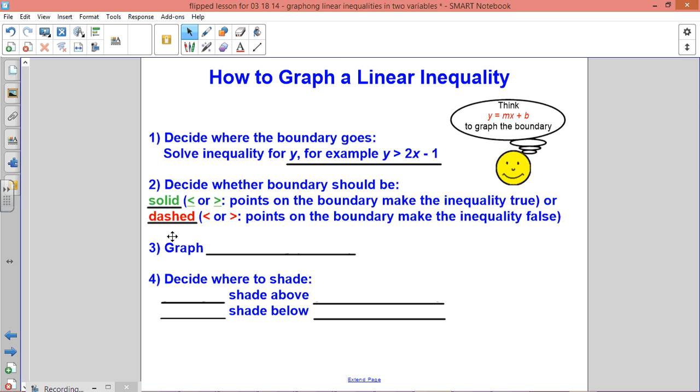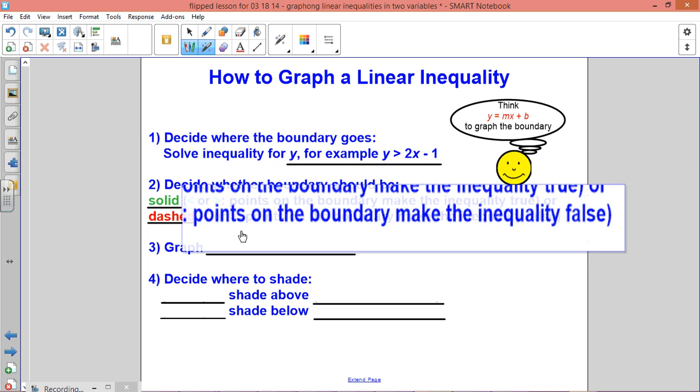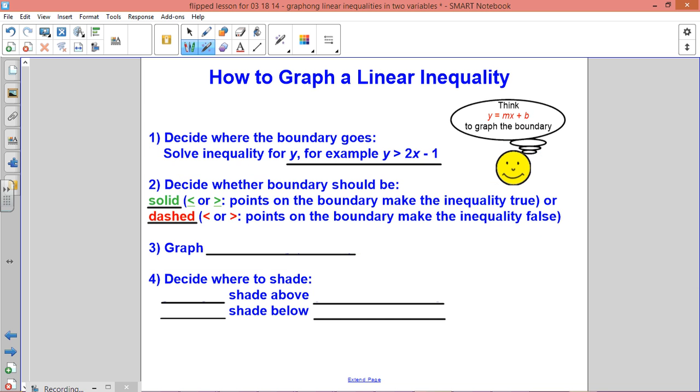For solid lines, that means points on the boundary, points on the line that I am drawing, are true. They make the inequality true. They are solutions. For a dashed line, that means points on my boundary are not solutions, or they make the inequality false.